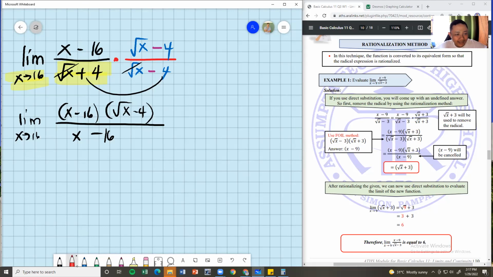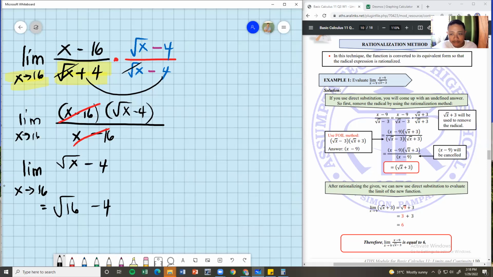Okay. So we will end up with the limit of square root of x minus 4 as x approaches 16. Can you follow? And so by substituting, this will be square root of 16 minus 4.